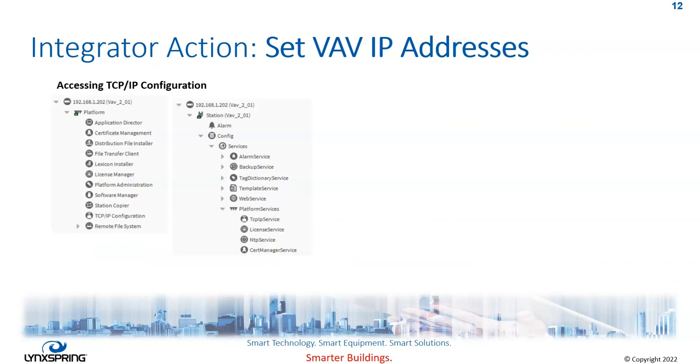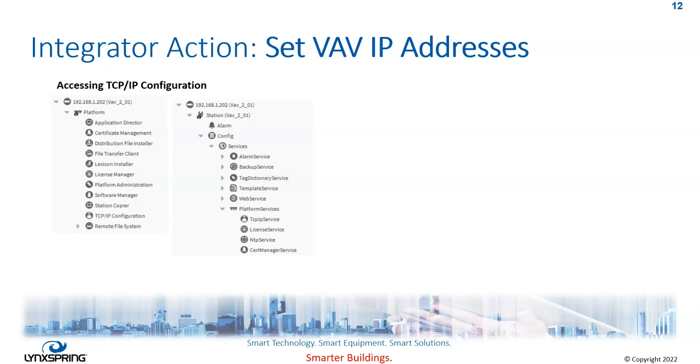Now, how do we set the IP addresses? It's done two ways, and we're used to doing them either way from our Niagara experience. We can do this through the platform of the controller by going to platform and TCP/IP configuration, or we can go to the config space and expand the services container.